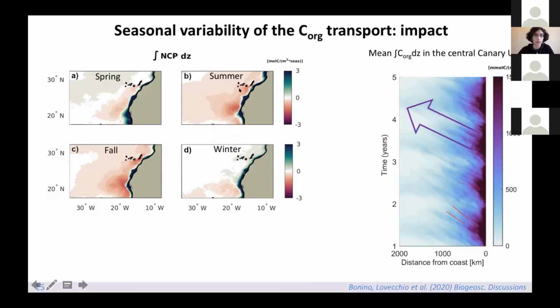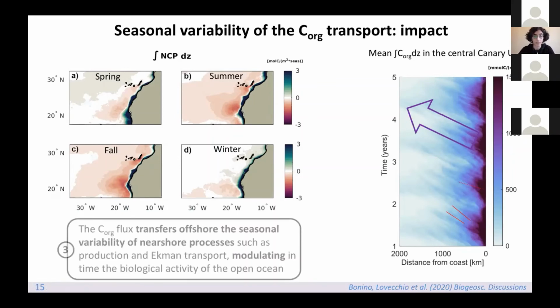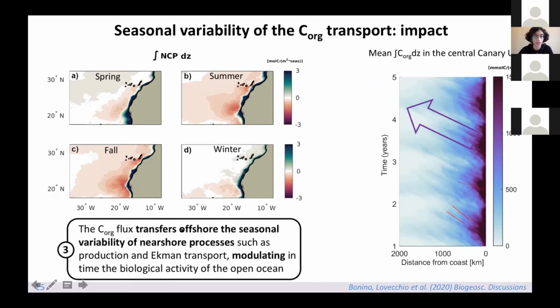And so they will be hit also by the seasonality of the processes that happen actually thousands of kilometers away. In other words, the organic carbon flux transfers offshore the seasonal variability of the nearshore processes, such as production, Ekman transport, upwelling, and modulates in time the biological activity of the open waters for thousands of kilometers.